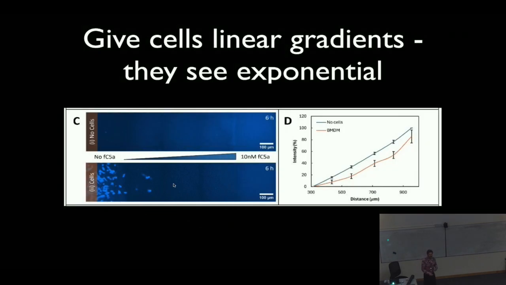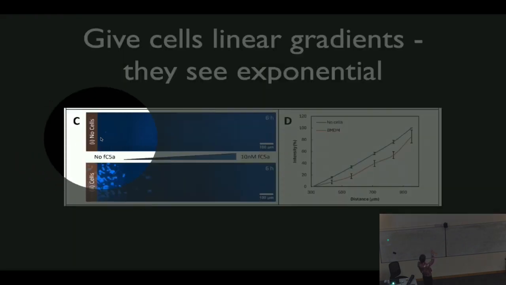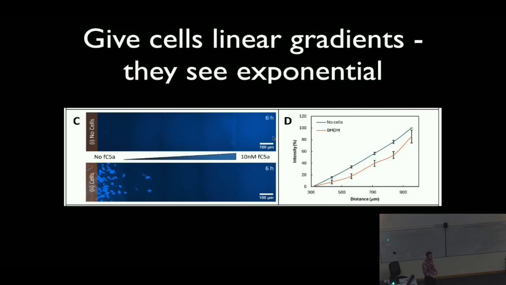This is just an interesting thing that we have observed regularly, that when you have cells migrating up a linear gradient, here we're giving them no C5a to some C5a, by breaking down the chemoattractant, they turn a linear gradient, which is hard to respond to, as I showed you earlier, into an exponential gradient, which is much easier to respond to because you have a constant ratio between how many receptors are occupied in the front and in the back.